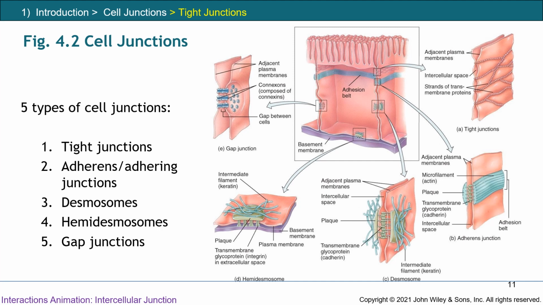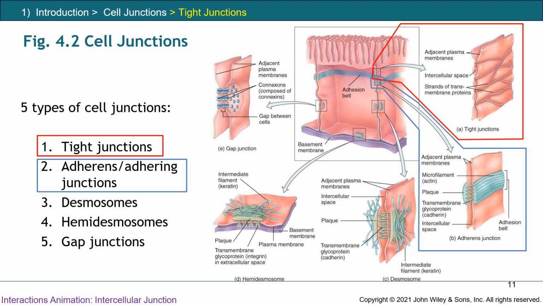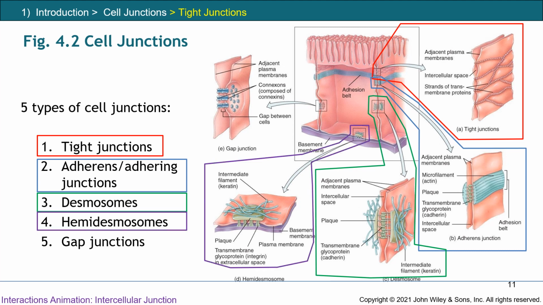So I just wanted to remind you where these 5 types of junctions are: the tight junctions that you see here, the adherens junctions that you see here below the tight junctions, the desmosomes that are located even below the adhesion junctions, the hemidesmosomes that are located between the epithelial cells, in this case, and the basement membrane, and finally the gap junctions that are located here in the lateral region of the cells. So very quickly, I'm going to give you key information about each one of these.